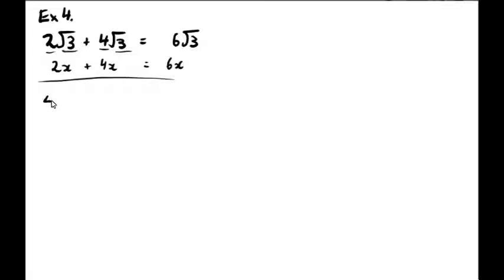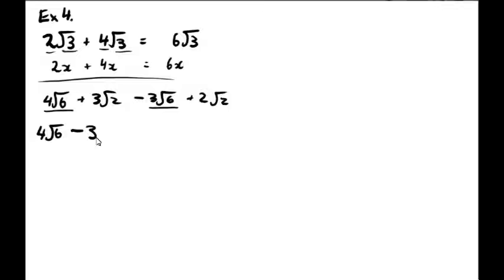The other one we're looking at is 4 square root 6, plus 3 square root 2, take 3 root 6, plus 2 root 2. We might need to rearrange them a little bit, identifying which ones are like terms. This one and this one would be like terms, so let's put them together, remembering to take that negative out the front.